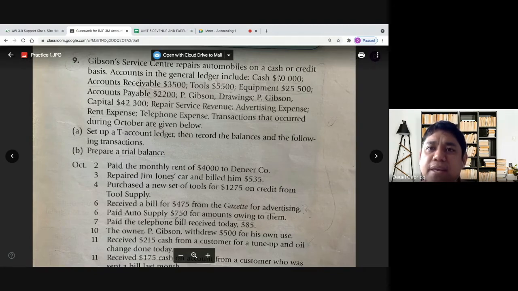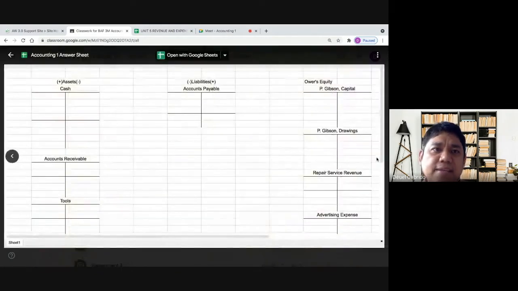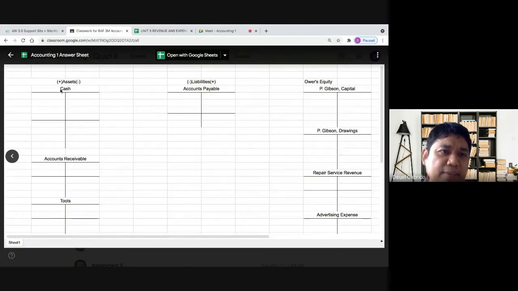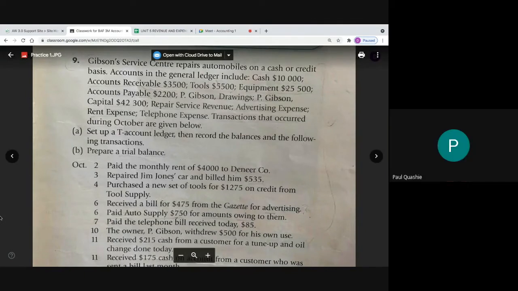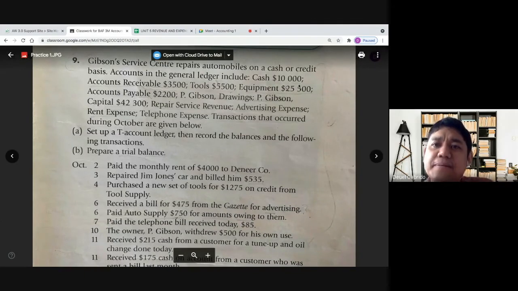For example, cash is 10,000, so you put the beginning balance on the debit side first, 10,000, and then the date if there is a date, before you start recording your October 2, 3, 4, and so on transactions. Do you understand that? Yes, sir. So in short, put all the beginning balances in the proper place first.